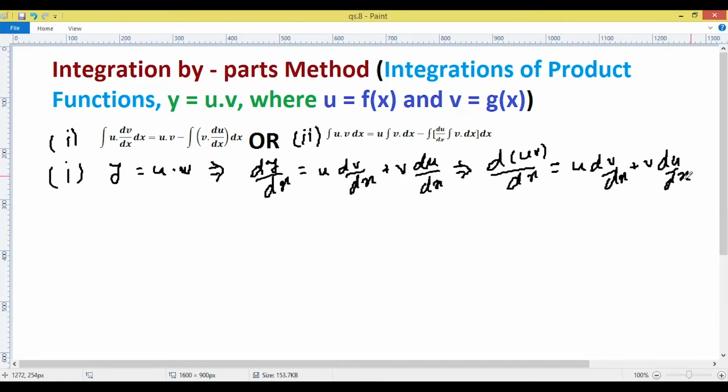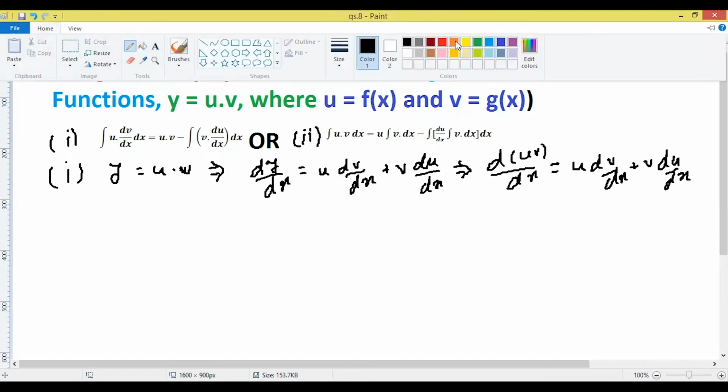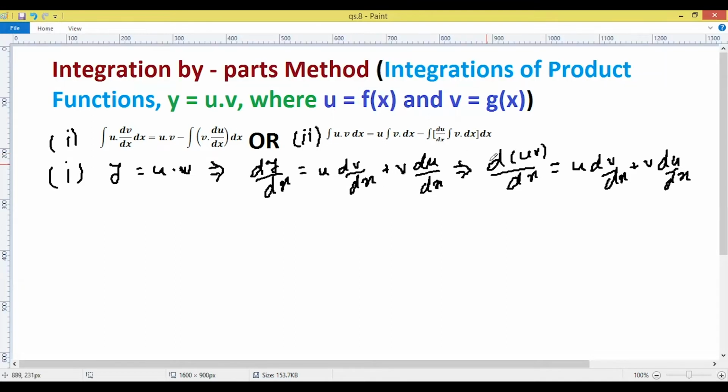Now, as we are going to develop the formula to integrate the given function y equals uv, what you can do in this case is integrate both sides with respect to dx.